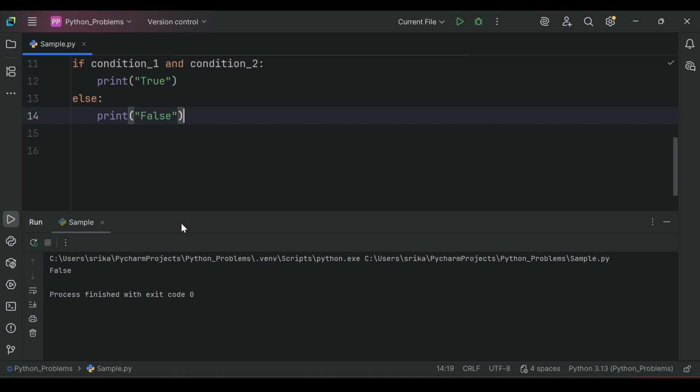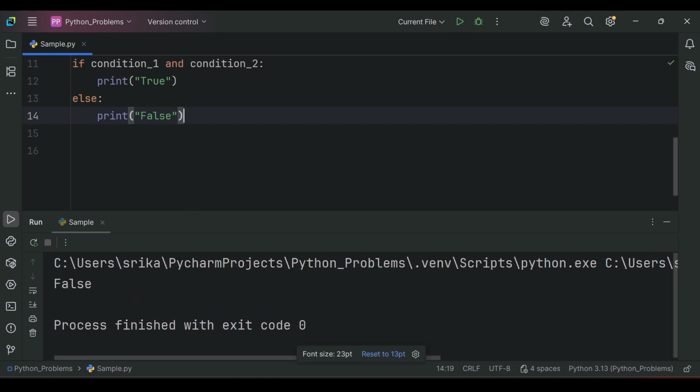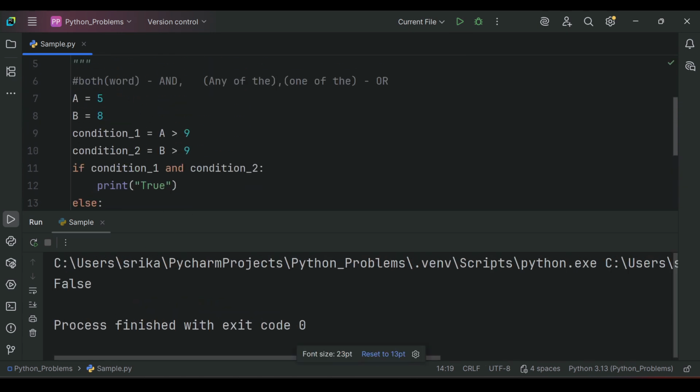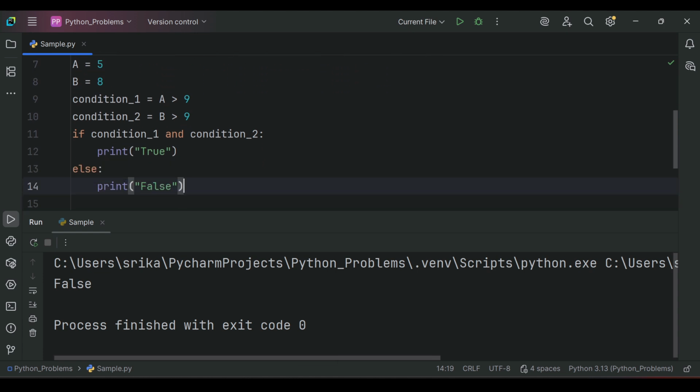Here the output is false. Here a is 5. Is 5 greater than 9? No, that's why condition 1 is false. Next, b is 8.